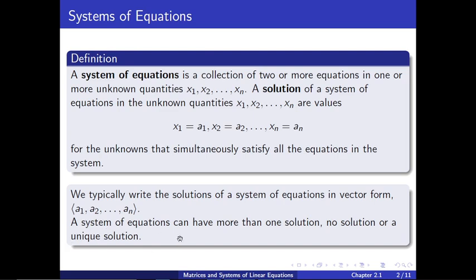A system of equations can have a unique solution, or might not even have a solution, or might have more than one solution. And we're going to see a few examples to illustrate this.